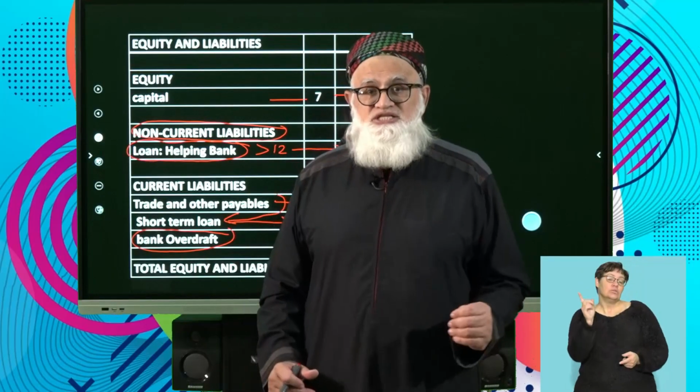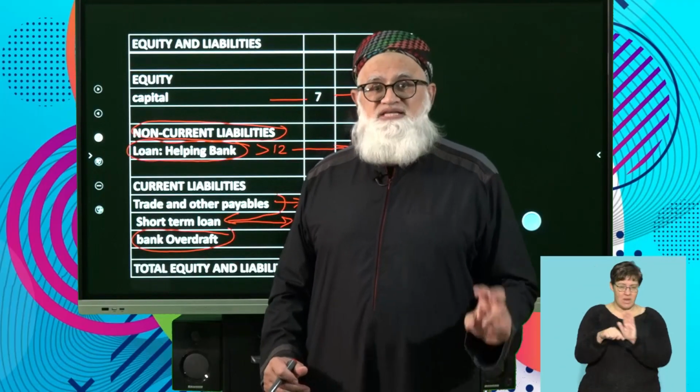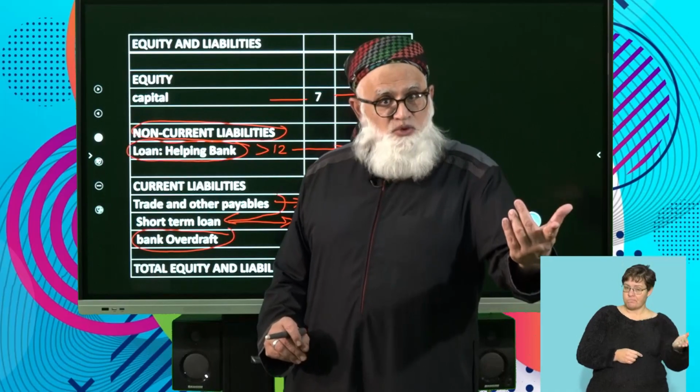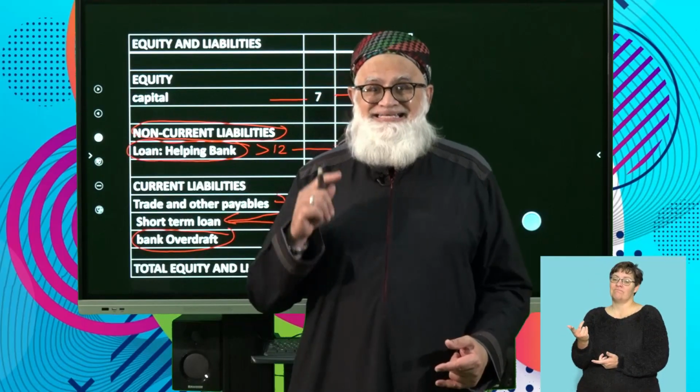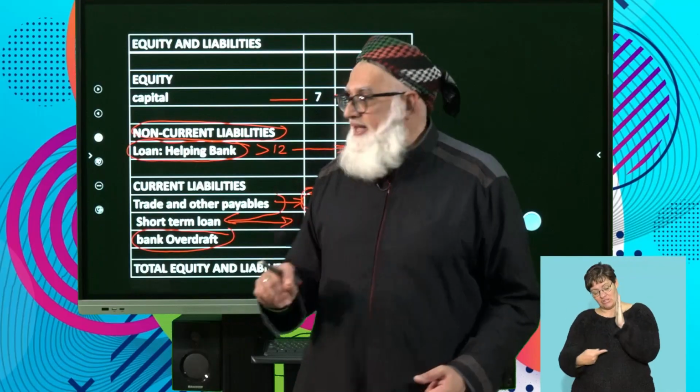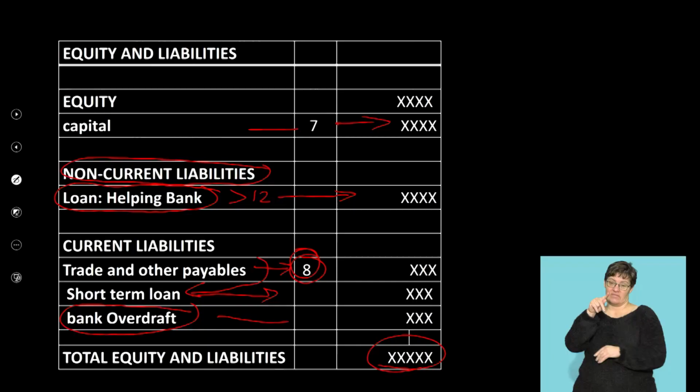Always check the status of your bank account, whether it is a favorable bank balance or whether it is in overdraft. Certainly, if it is a favorable bank balance, it will appear under cash and cash equivalents. But if it's not a favorable bank balance, if it's in overdraft, it will appear under my current liabilities on the face of my balance sheet as a bank overdraft. Okay, so there we go.